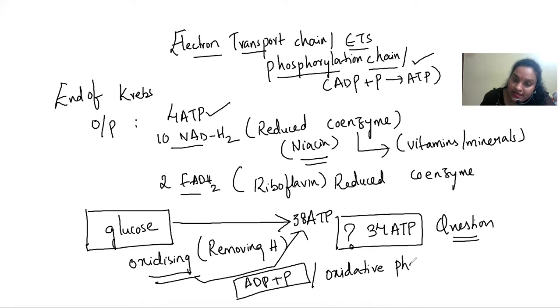So we call this oxidative phosphorylation, which happens where? Which happens in the electron transport chain. Okay, this is the funda that you need to remember, and just think that this is going to happen in the inner membrane of the mitochondria.